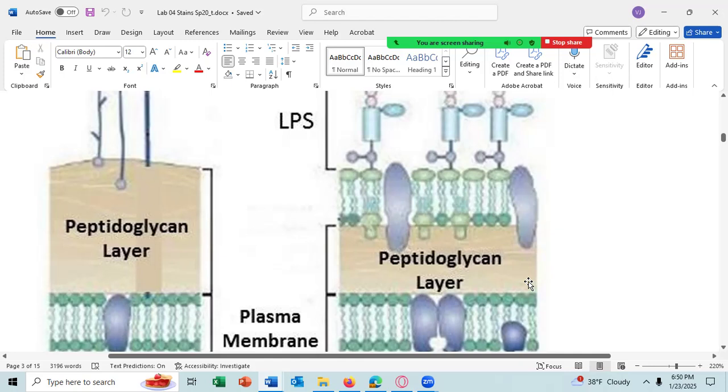The peptidoglycan layer is between 3 layers of peptidoglycan and about 20 layers, much thinner than the gram-positive cell.